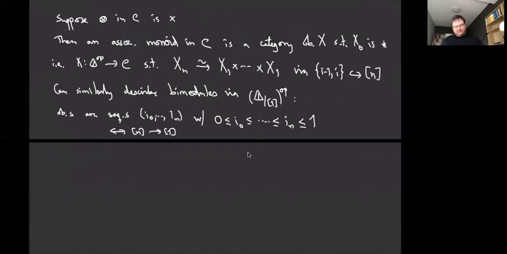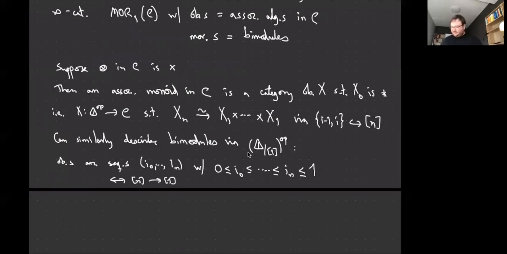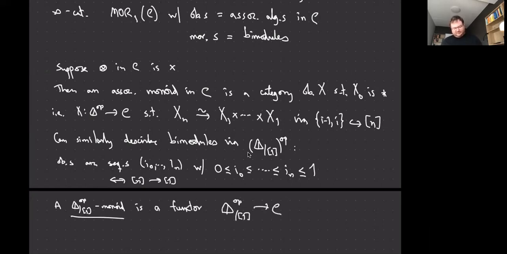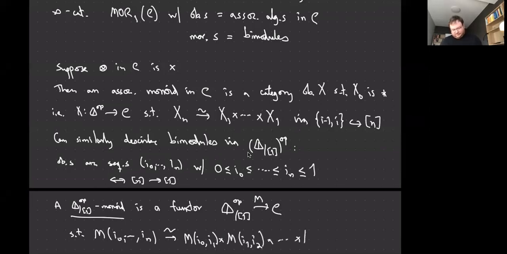And then the condition to describe bimodules is, well, let me call it a delta over 1 up monoid, as a functor delta over 1 up to C, say M, such that the value at this sequence is equivalent to a product of the values at the pairs I0, I1, I1, I2, and so on up to In minus 1, In.